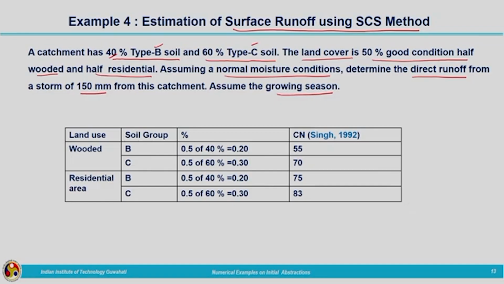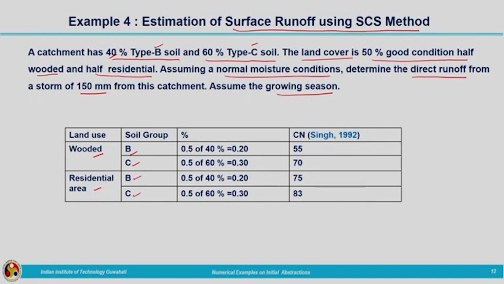The given land use is wooded and residential area. Soil group in both these land use conditions, we have soil group B and soil group C. Wooded condition also has soil group B and C present, residential area also has soil group B and C present.